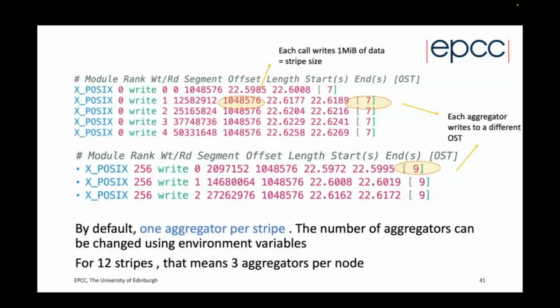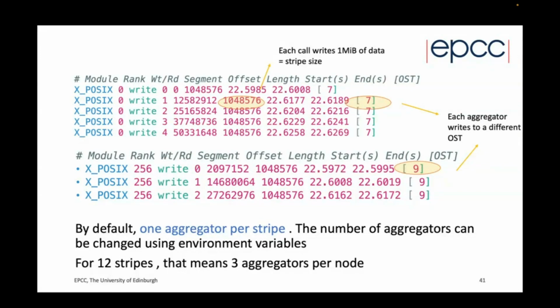So we can look at the trace from Darshan. If we look at the trace, you can see a lot of POSIX calls from the aggregators, for instance rank 0. Each one writes 1 megabyte of data, which is equal to the size of the stripe, and they're all writing to the same OST.